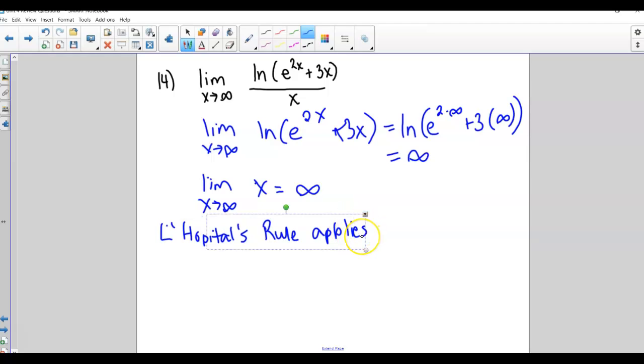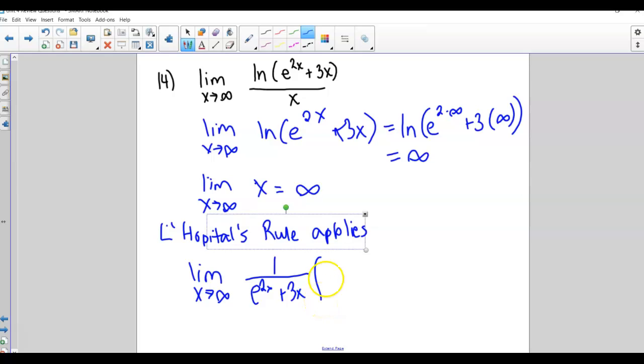And we want to take the derivative of the numerator and denominator here. So we're going to have limit as x approaches infinity of, when I take the derivative of natural log of all this stuff, 1 over e to the 2x plus 3x. But then I have to multiply that by the derivative of what's on the inside.